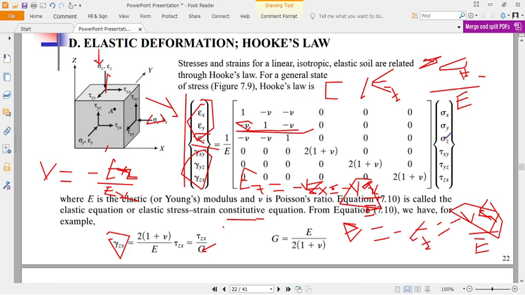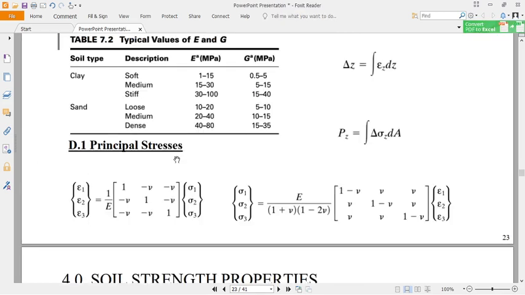But if, for instance, these are principal stresses, now the shear stress is 0. The bottom part is 0. So now we call it the principal stress constitutive model, which is this one here. When you take these to be zeros, all these ones go off.